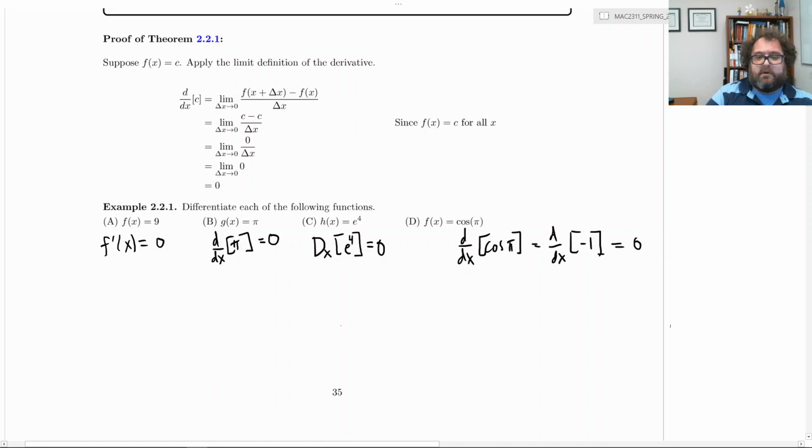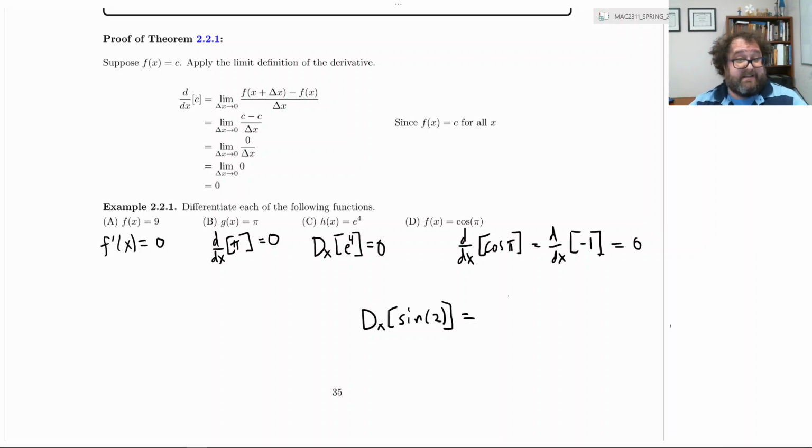Here, let's do another trig one. What about the derivative of sine of 2? Now, you might think the same thing: we haven't talked about trig, how are you going to do this? But think about it. I have no idea what sine of 2 is, 2 radians. Let's look at a calculator real quick.